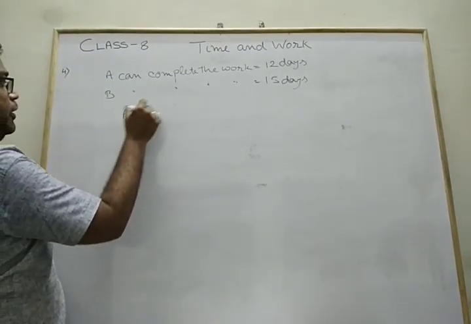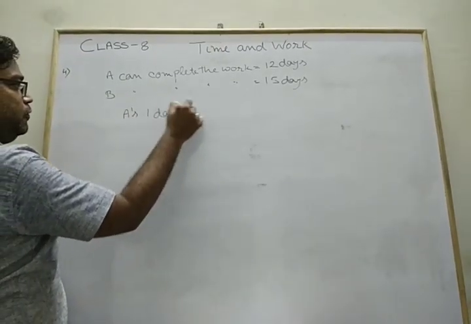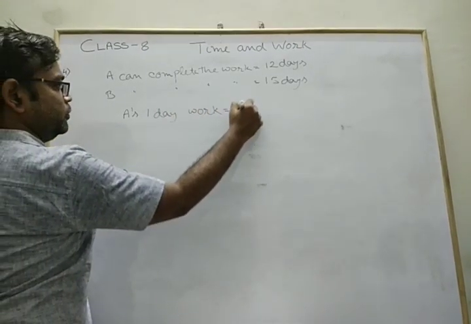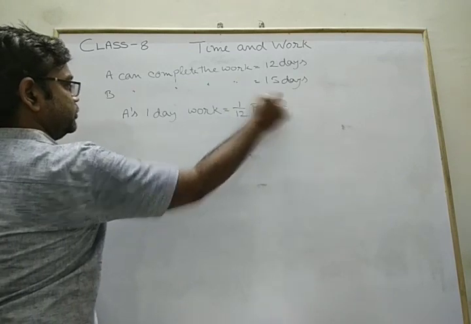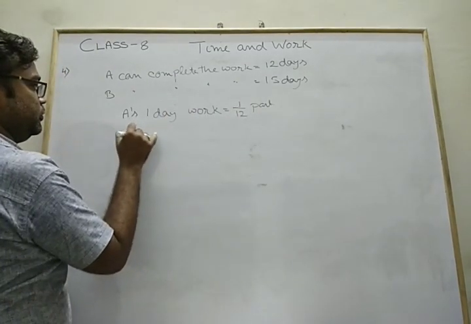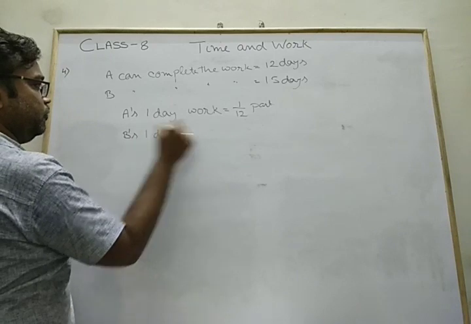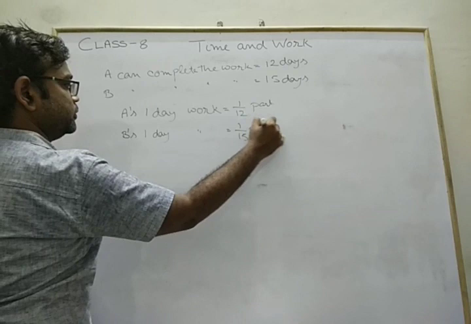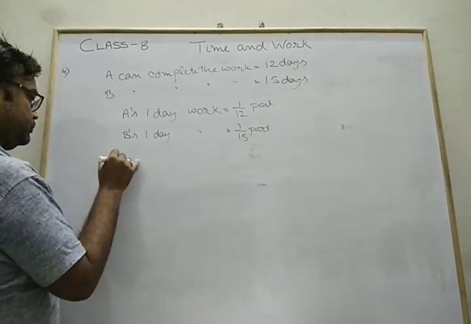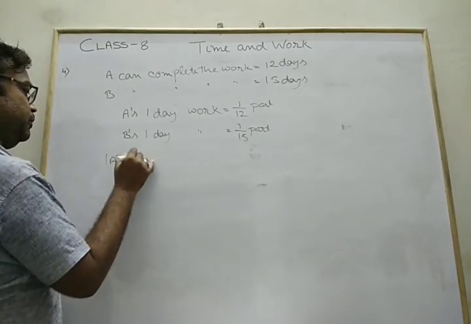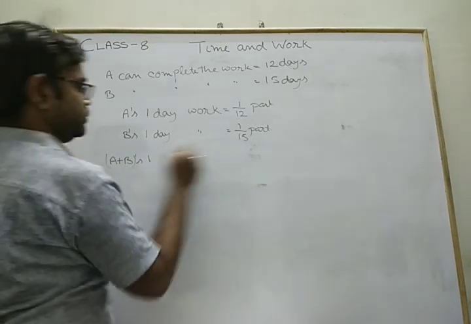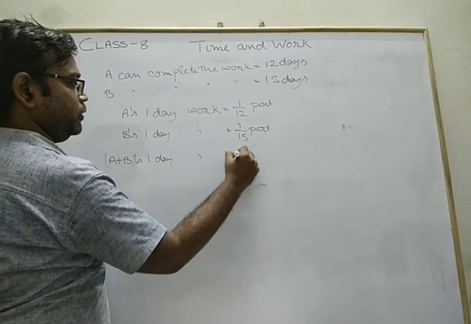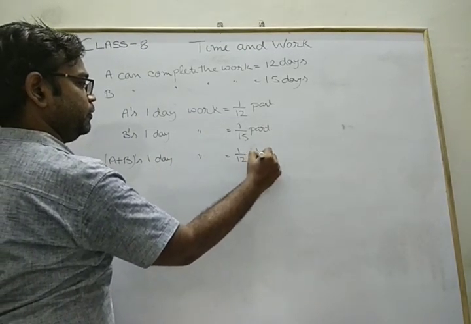So A's 1 day work equals 1 upon 12 part. B's 1 day work is 1 upon 15 part. A plus B's 1 day work equals 1 upon 12 plus 1 upon 15.